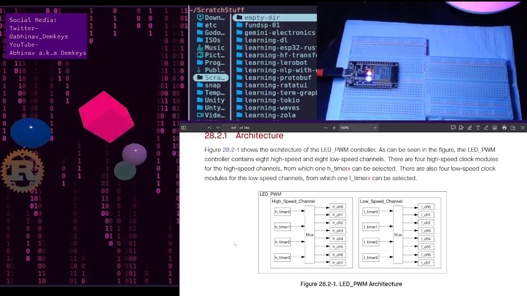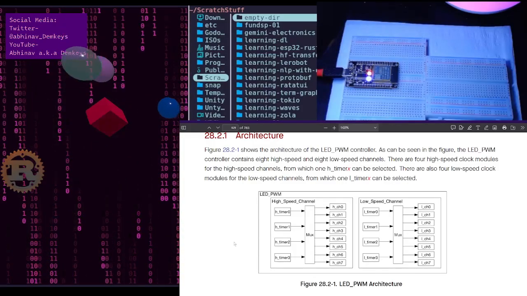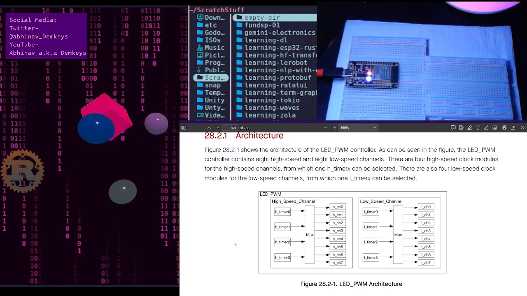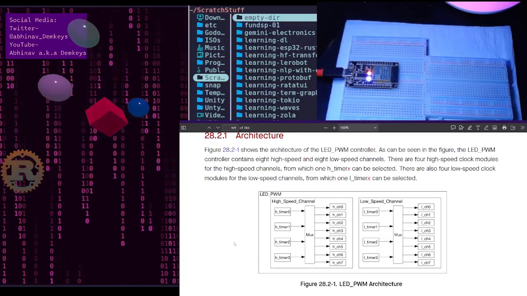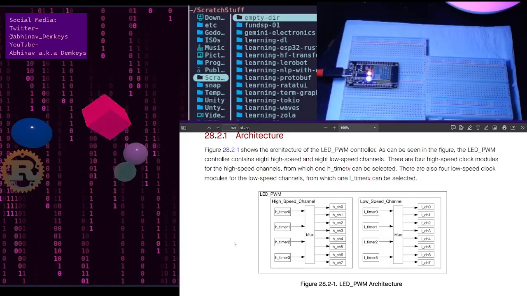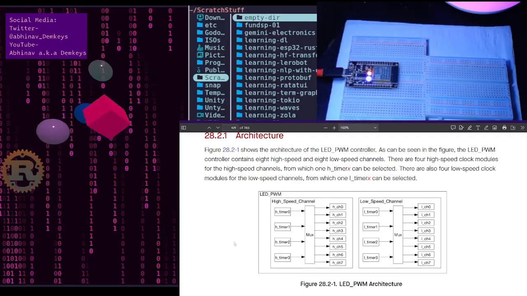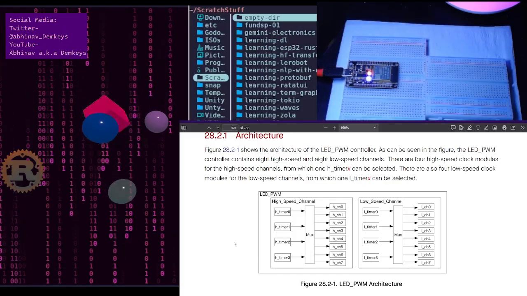There are 4 high-speed clock modules for the high-speed channels, from which one H timer X can be selected. There are also 4 low-speed clock modules for the low-speed channels, from which one L timer X can be selected.